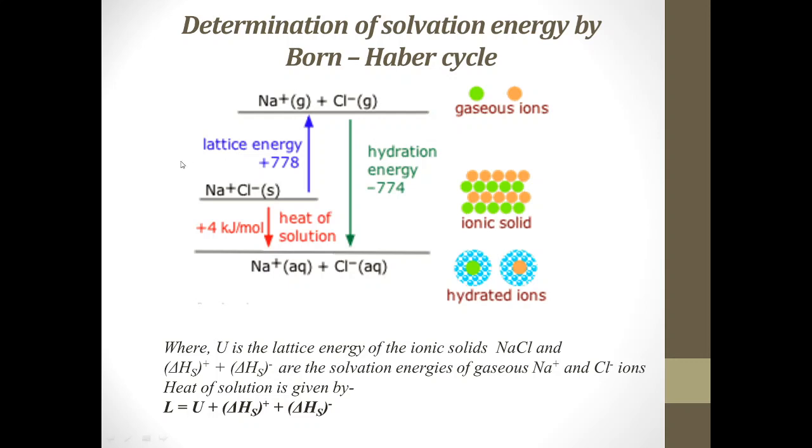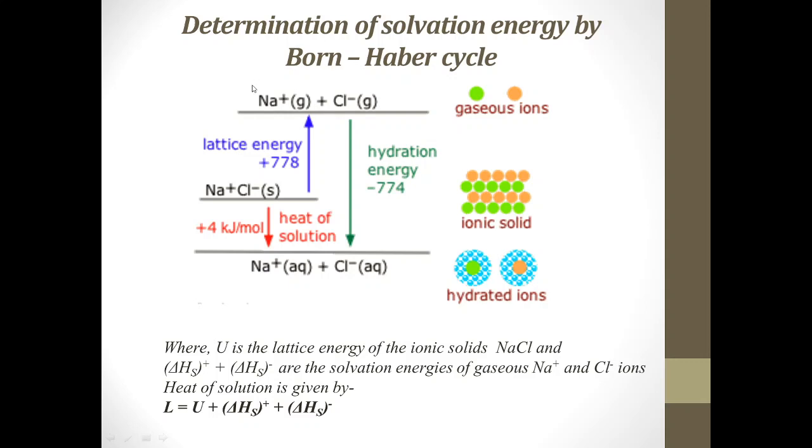In this image we can see that the NaCl, which is in solid state, can be converted into Na+ and Cl- in aqueous state. In this case, when there is a conversion of this solid into aqueous form, heat of solution is released, and when these sodium chloride crystals are converted into sodium and chloride gaseous ions, there is an absorption of energy which we call lattice energy, and hence it is shown as positive energy.